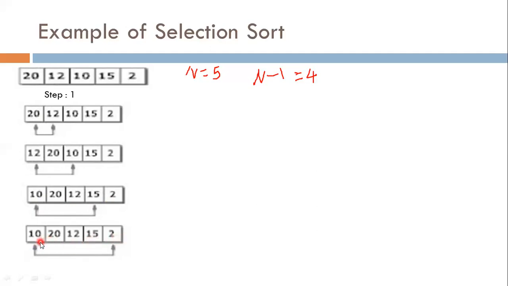Now next, our first element is 10 and it is again compared with the next element, which is now 2. Now 2 and 10 are not in ascending order, so we have to arrange these two elements. We swap or interchange 2 and 10.